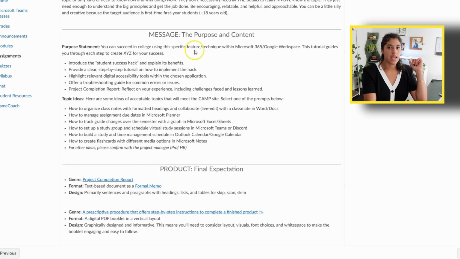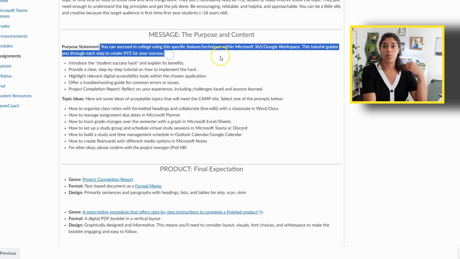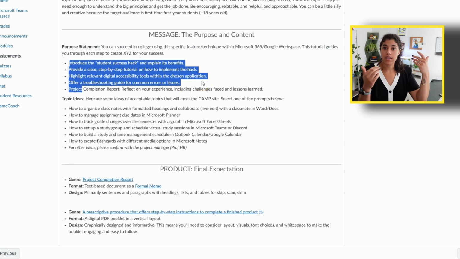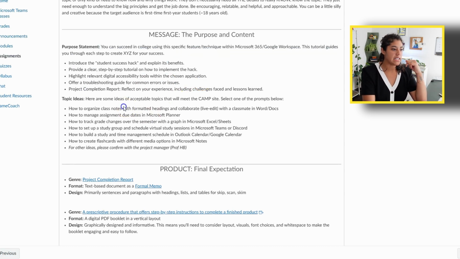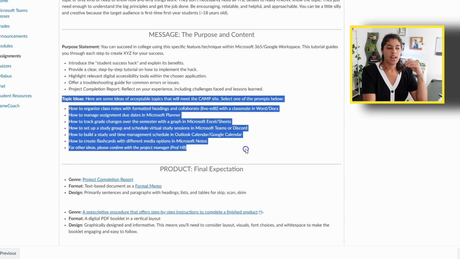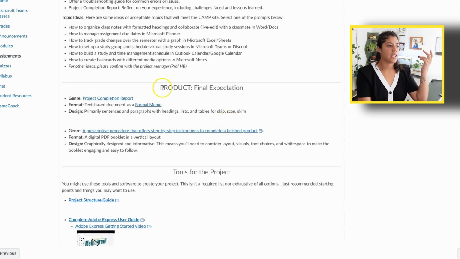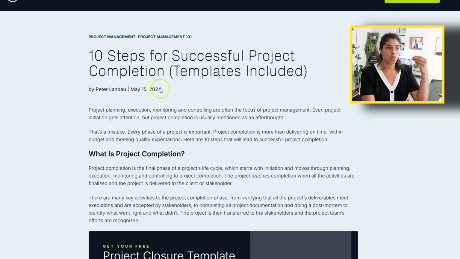The message, the actual purpose. I gave them a purpose statement, what you are creating, and then all the different sections I expect in this project to fulfill that purpose. I also gave them some topic ideas in case they got stuck, and all the topic ideas would match the scenario for them. And then last, for the product, again I gave them links: remember, this is the genre you're writing, here's some more information.